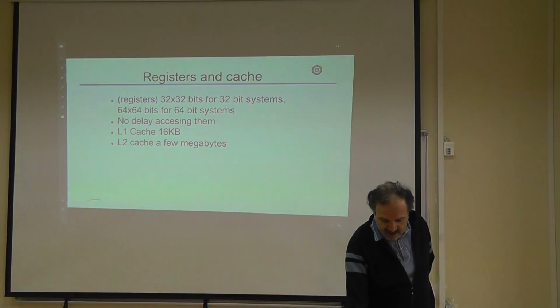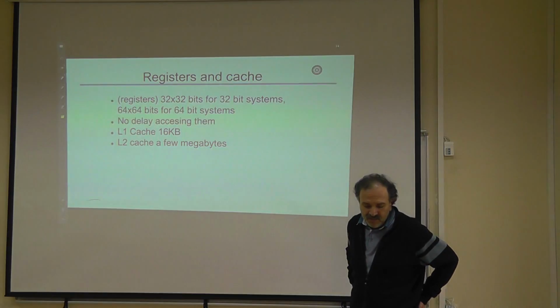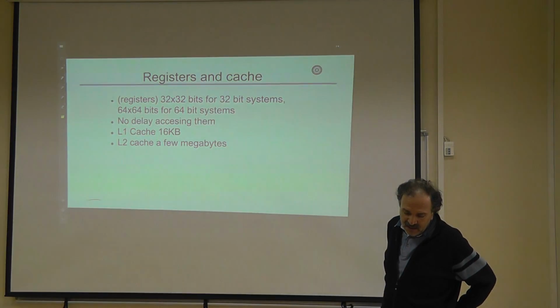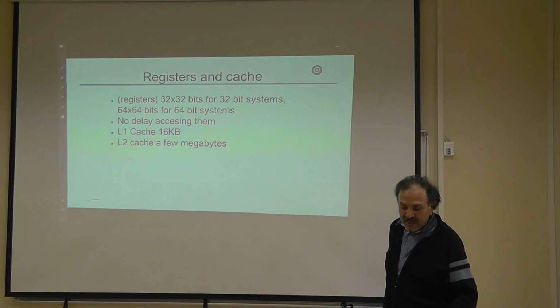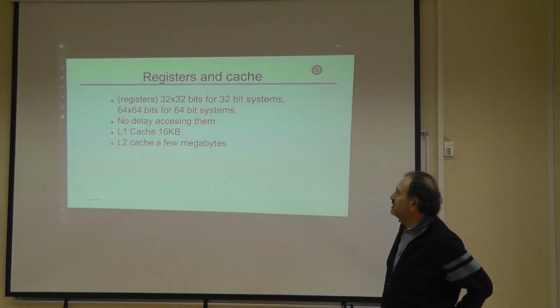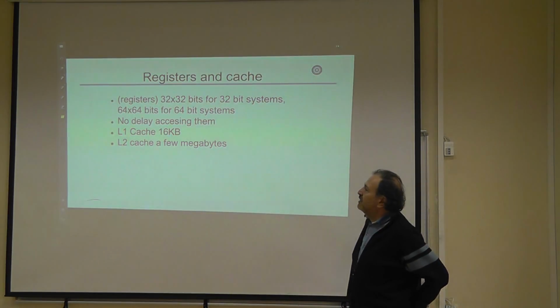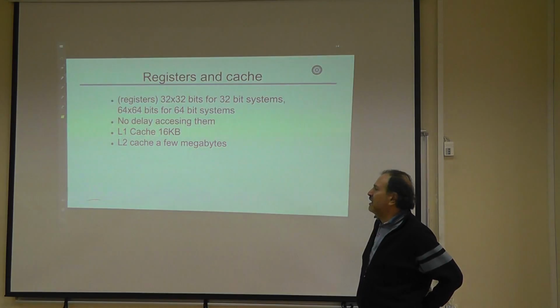Registers and cache. Registers are a very small amount: there are 32 registers for 32-bit systems and 64 registers for 64-bit systems. The CPU can access them in a single clock cycle, two or three of them at the same time. The L1 cache is very small actually, 16 kilobytes sometimes. L2 is sometimes a few megabytes.